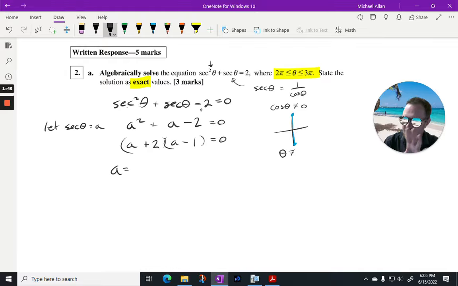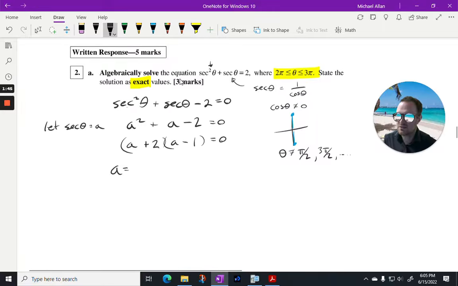Just in case, I want to make sure that the answers I get don't match up within these non-permissible values. So we got a straight up, 90 degrees, so that's pi over 2. I have no idea why I thought so long about that one. Dot, dot, dot, dot. So if I end up with any of those answers, I should probably cross them off. Okay, so that's just a side note. These are my non-permissible values.